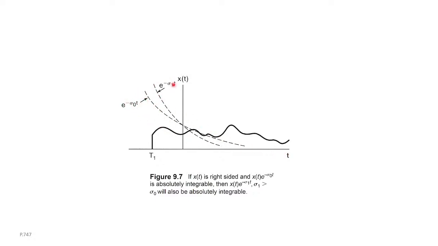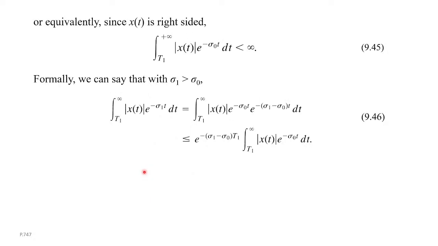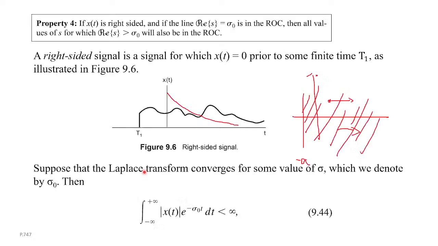Then you go to some bigger sigma 1, this exponential is going to be decaying faster. So all the bad things happening in the tail here are going to get better, and it's going to be more convergent. Question about the property on right-sided functions.